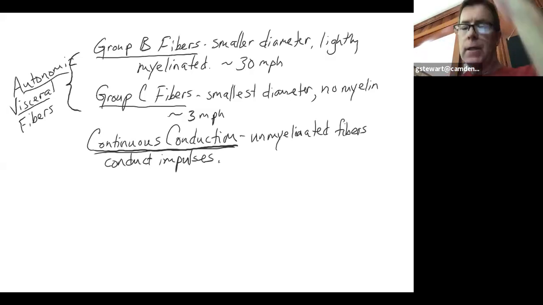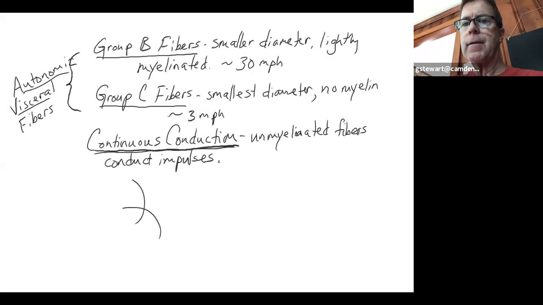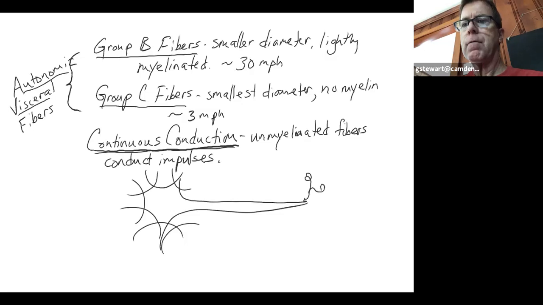And that means, because they're unmyelinated, their action potentials have to go like dominoes, gate to gate to gate to gate, one after the other.